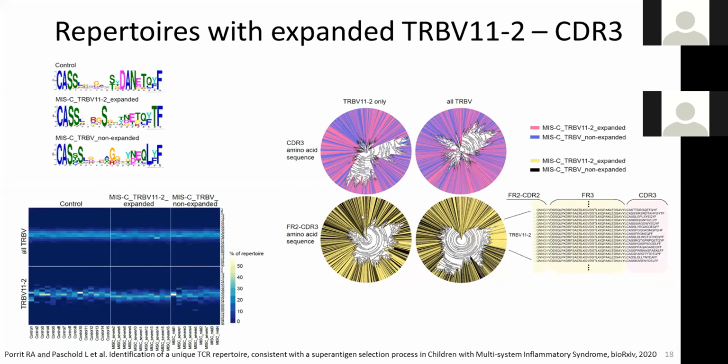Only if you take the complete IGH region, you see clusters for the group of expanded MIS-C, which resembles the sequence of the TRBV 11-2.